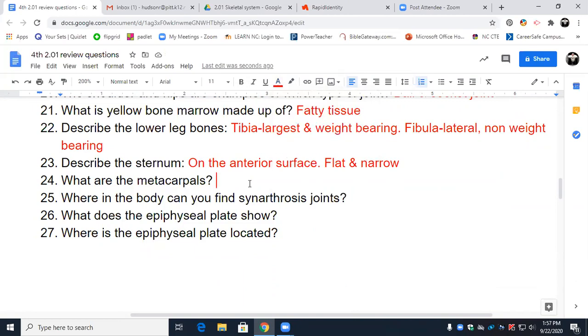Okay, what are the metacarpals? Bones of the palm of hand. The metatarsals are your instep of your foot.